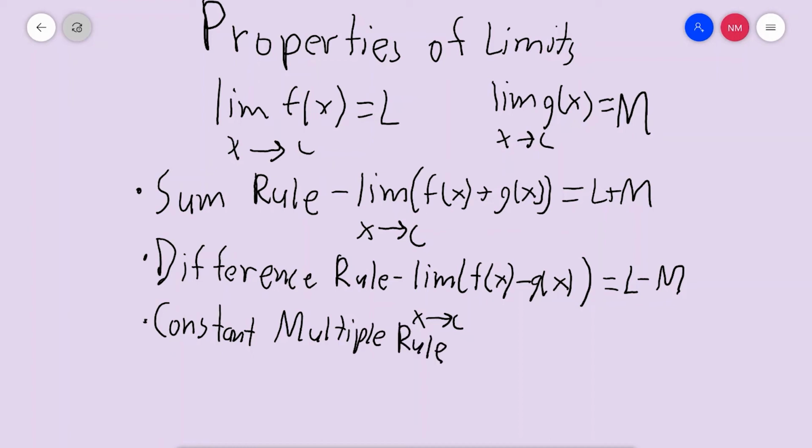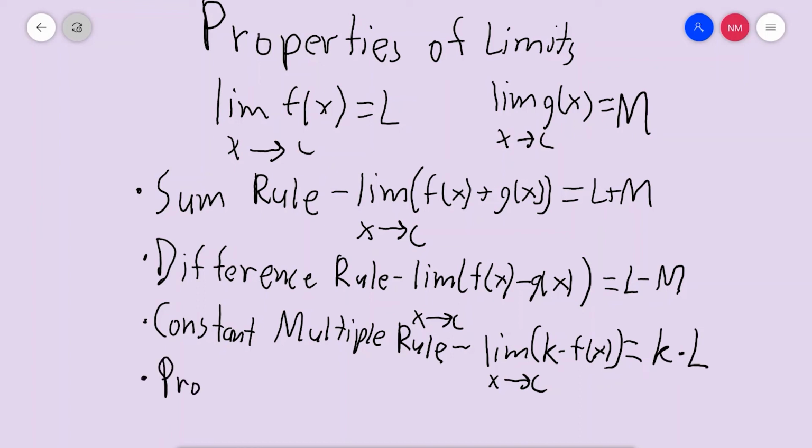So if we want to find the limit of a constant multiplied by the function, and we'll make the constant k, then we would bring the constant out, and we will multiply that constant by the limit.